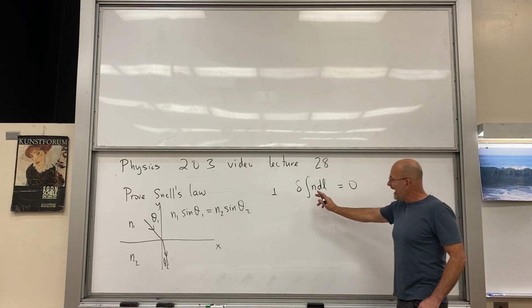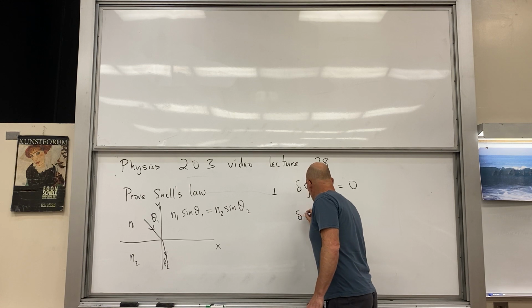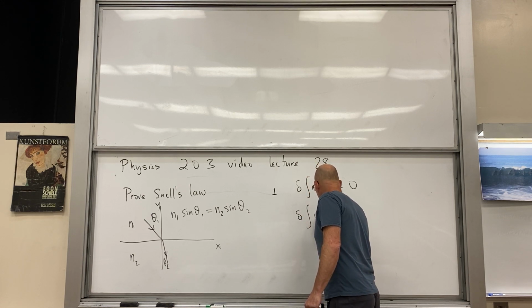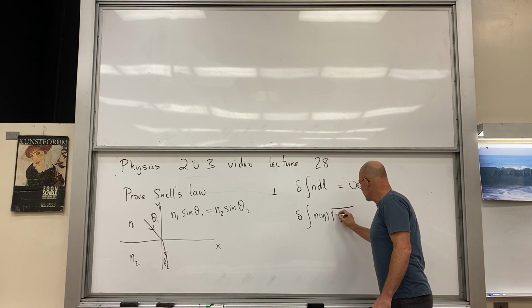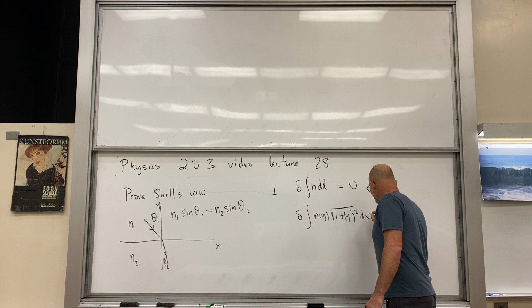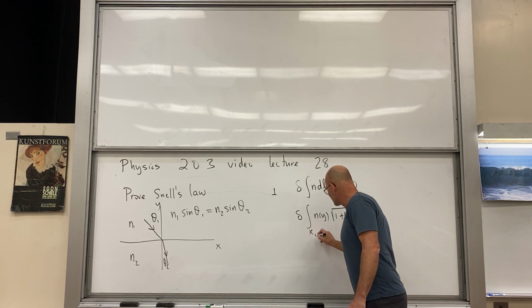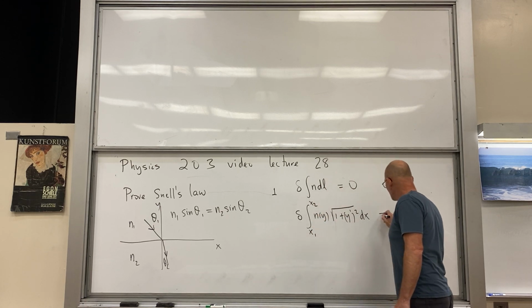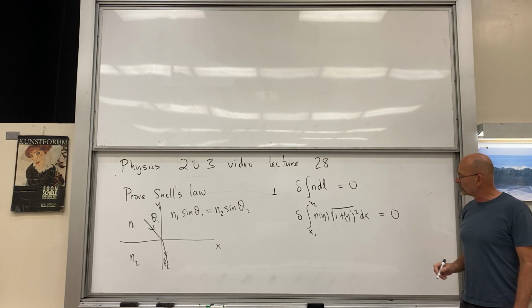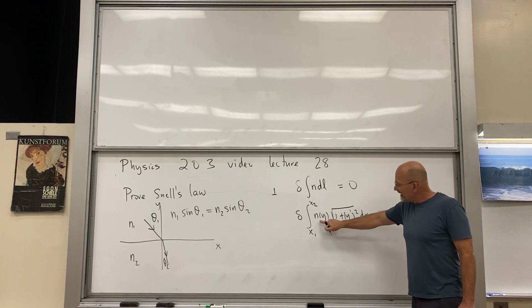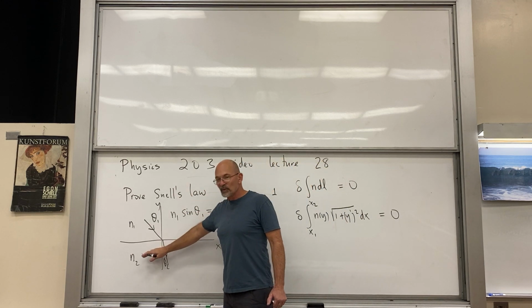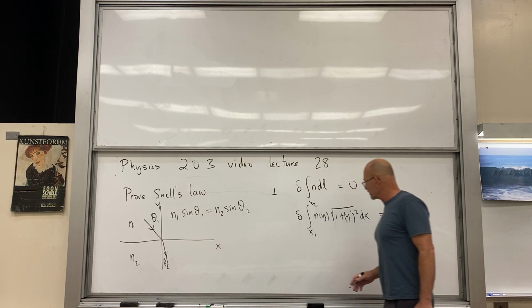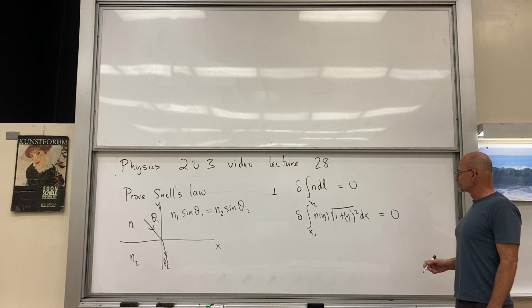With that, we're looking more specifically at n of y, and then our dl is root 1 plus y prime squared dx, with fixed boundaries x1 to x2. So there's the variational principle that we're looking at. N of y is a step function: it's constant on one side, constant on the other with a different value. That'll play a role.